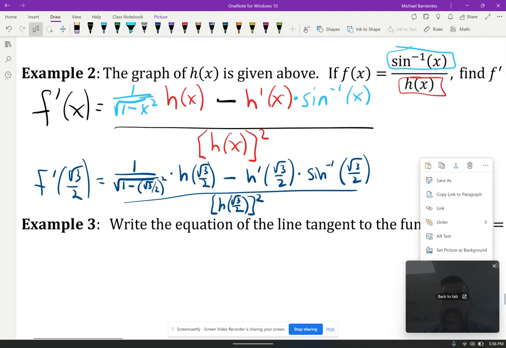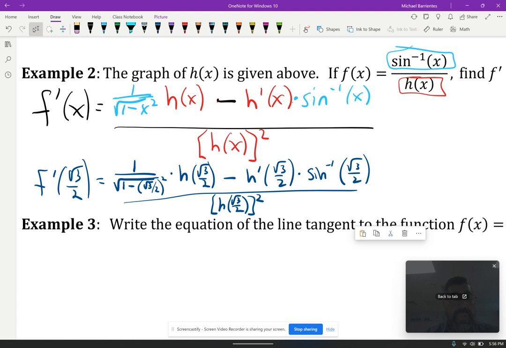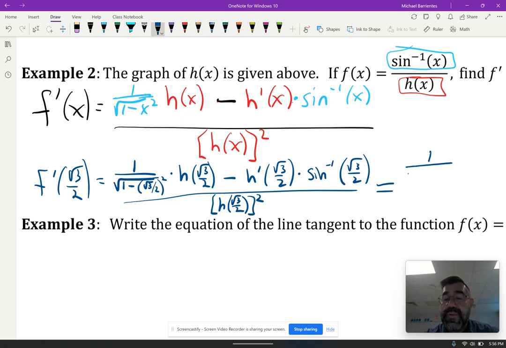All right, we have a lot going on here. So part of these we're going to have to just evaluate, like calculate, right? And then some of these we're going to have to use the graph in order to figure it out. All right, so this equals, let's see, 1 over the square root of 1 minus the square root of 3 over 2 squared. So really that's 1 over the square root of 1 minus 3/4, right? If you square square root of 3, you get 3. If you square 2, you get 4.